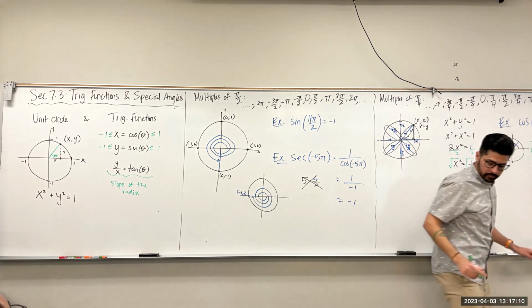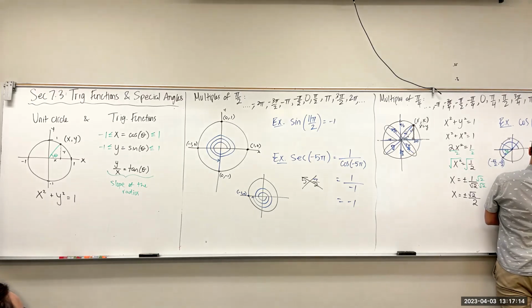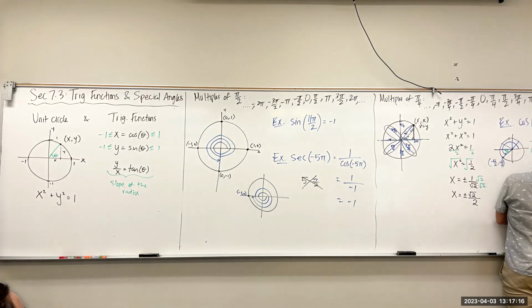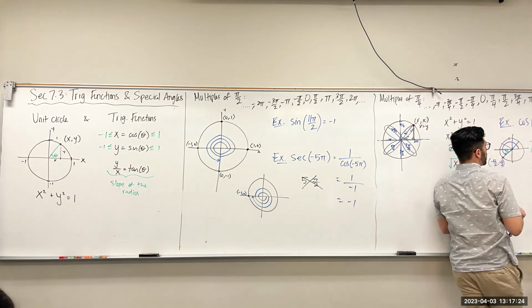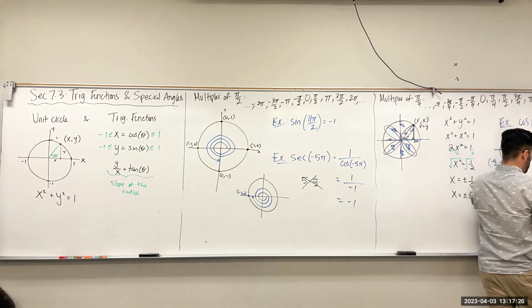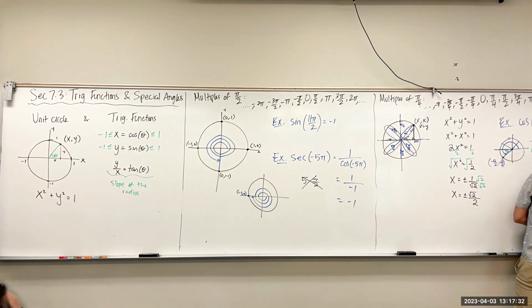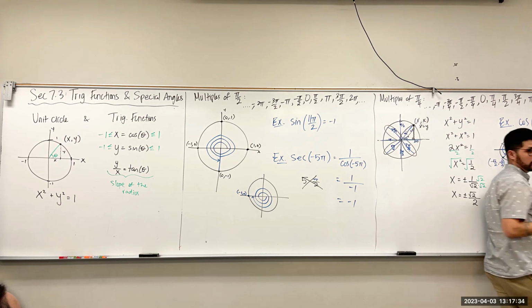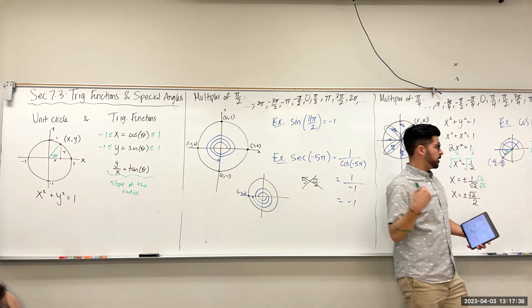So let me write that here. This is what we're going to call the reference angle. So the reference angle of theta, in this case, theta was 5 pi over 4. The reference angle of theta is the acute angle. What did acute angle mean? Lesser than 90 degrees.